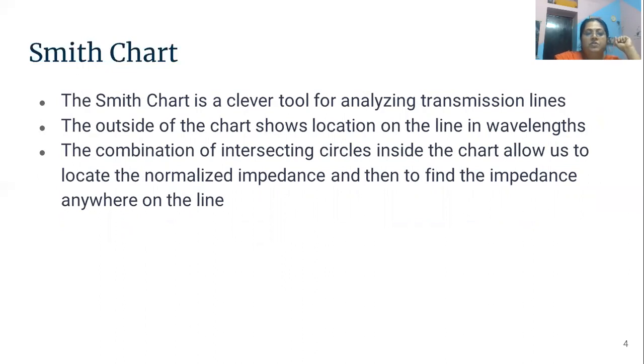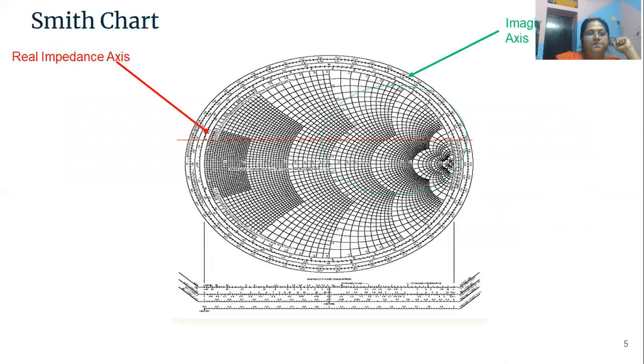The combination of intersecting circles inside the chart allows us to locate the normalized impedance and then find the impedance anywhere on the line. So the first step is to make the impedances normalized, so we can generalize that range to find the impedance anywhere on the line.